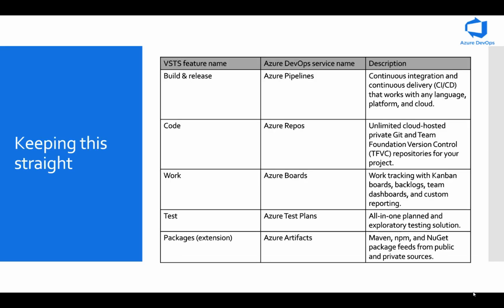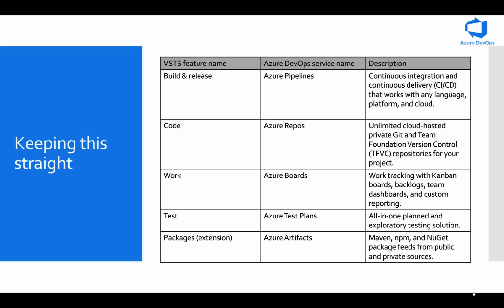To help you better understand some of the terminology and the features between the service and the on-prem versions, this table basically shows you some of the main differences. Where in VSTS it's referred to as build and release, in Azure DevOps it is referred to as pipelines, and that's the CI/CD that we had just referred to. The code is referred to as Azure Repos, work as Azure Boards, test plans, and packages are the artifacts.